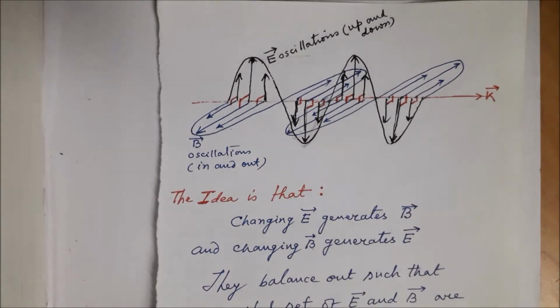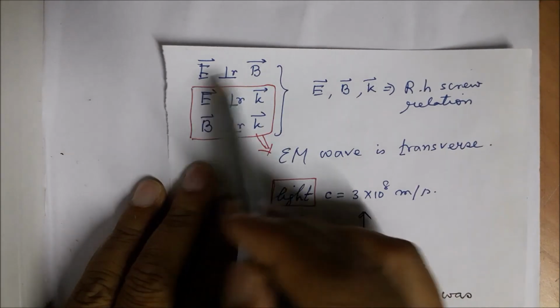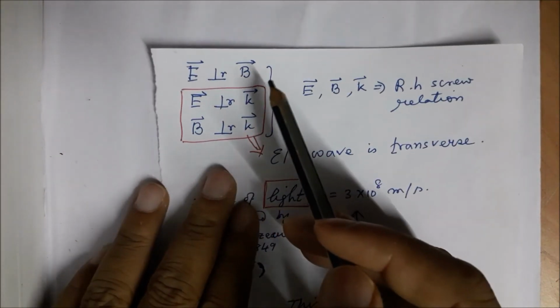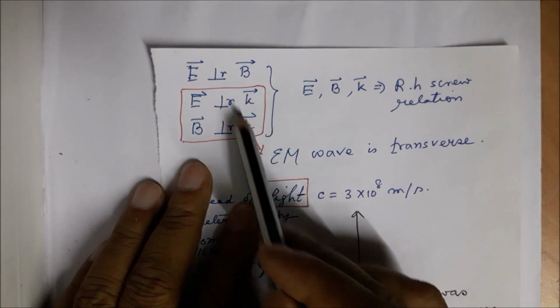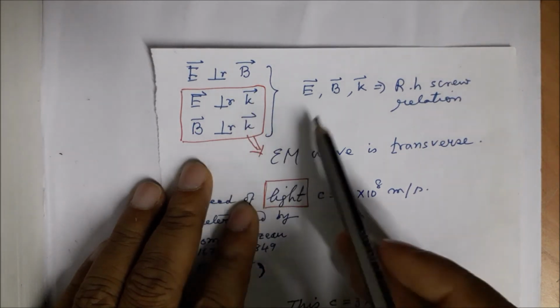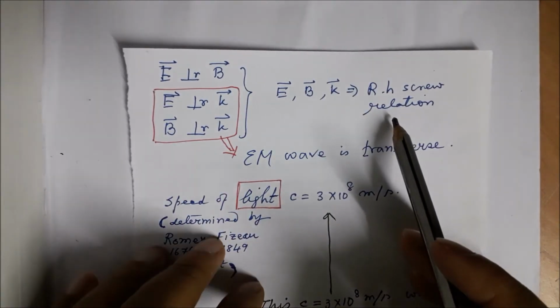Now from this diagram, it is clear that E and B are perpendicular, as well as both the fields are perpendicular to the direction of propagation, and E, B and K form a right-handed screw relation.